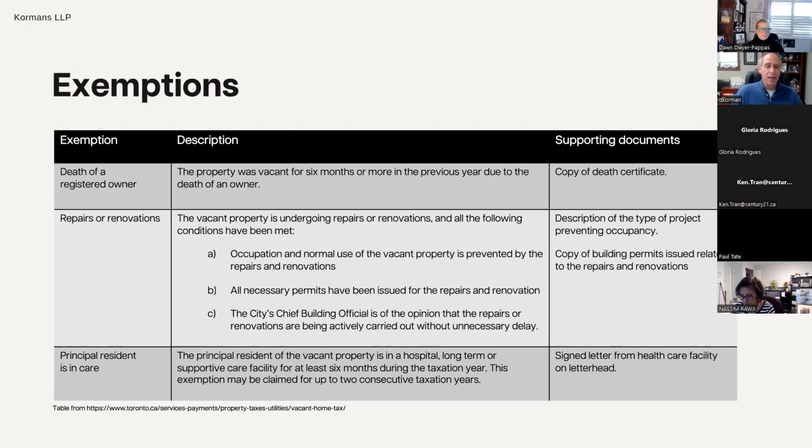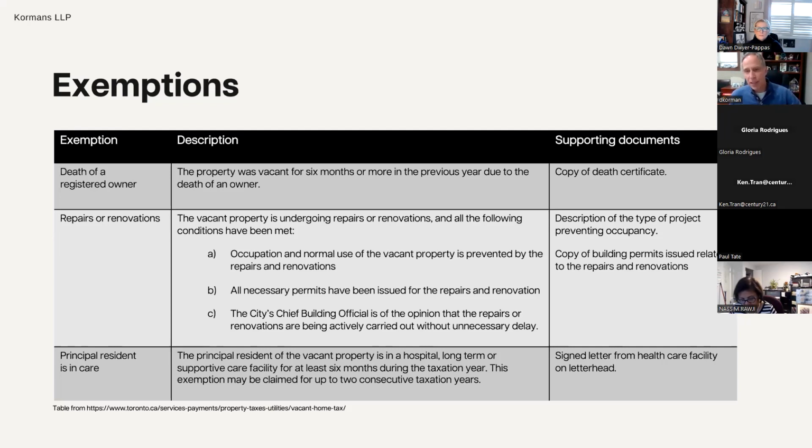If you fit under the repair and renovation category, then you're going to be providing copies of building permits and other information to satisfy the city with the extent of the repairs and renovations and the timing for all that. So yes, you can renovate your property and it could be vacant, but you're going to have to satisfy the city that that's legit, and here's the evidence to show that.